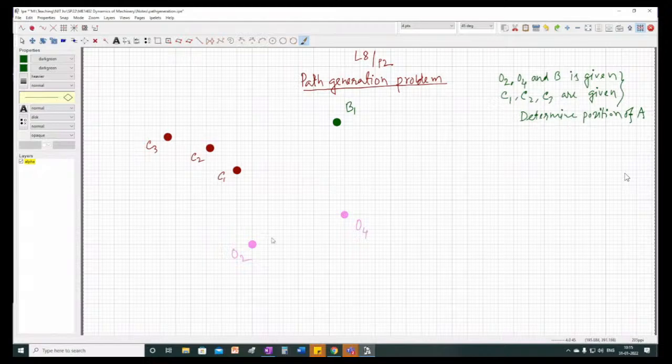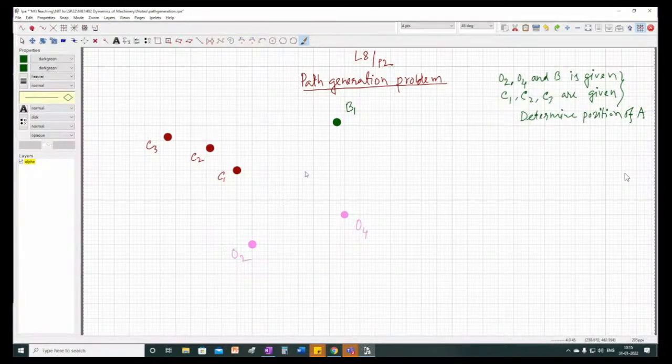When you move this O2 link, it will give you this C1 to C2 and C2 to C3 points. Okay. So in this process, we have to find out A, right? In this process we also find out the inverted positions of O2.